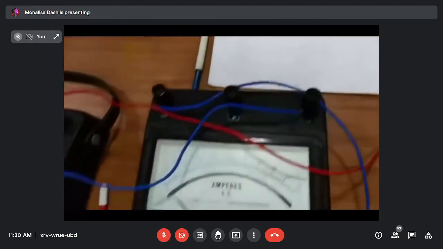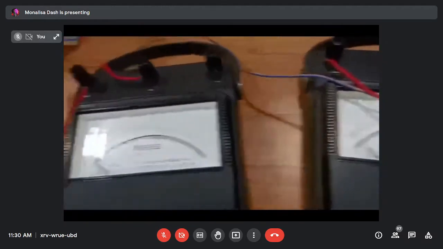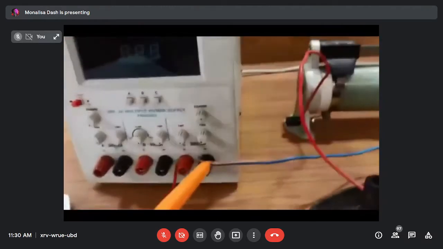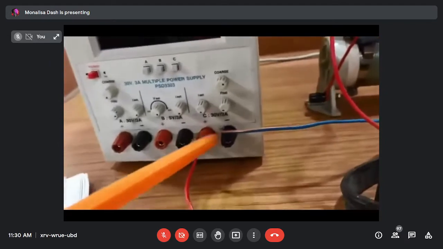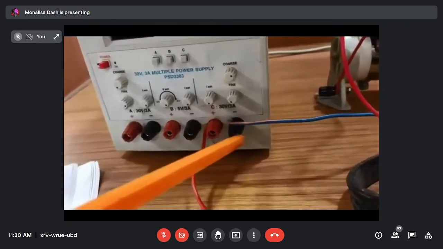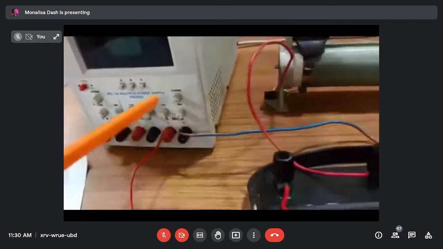Then come to our connection point. In the DC regulated power supply, this is my positive, this is our positive, this is our negative.